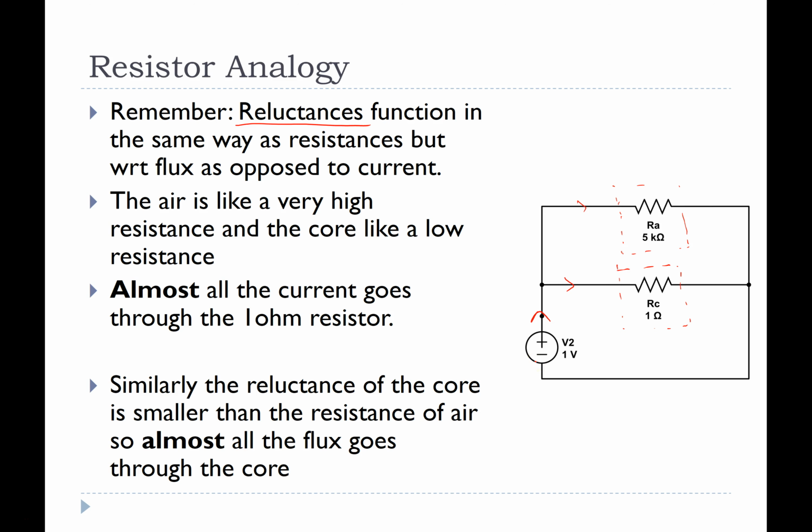The reason we want to do this is because the flux is the thing that transfers the energy. So if we have a lot of flux in the air, it is not doing anything. It's not making its way to the secondary side. So we want to really direct it with a guide to the secondary coil.